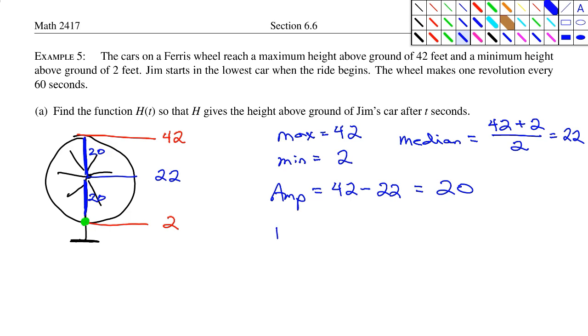What is the period of the ride? Well, the ride makes 1 revolution every 60 seconds. So we can make this 60, and let's make sure that we are satisfying the conditions of the problem. We want a function h of t, where t is measured in seconds. Had the question said that t needs to be measured in minutes, then we would have set the period to be equal to 1.